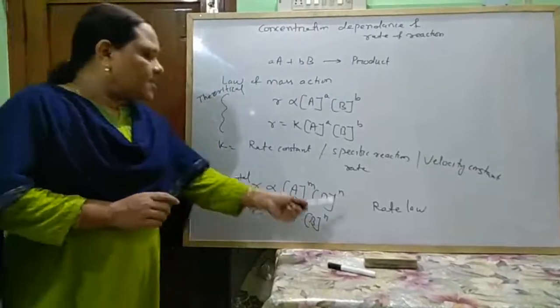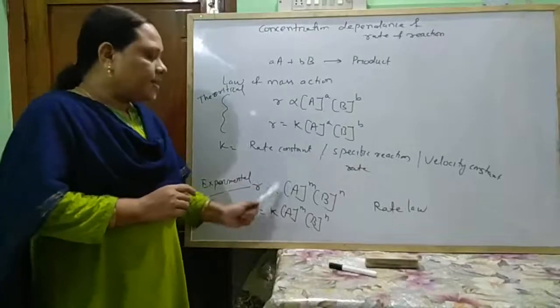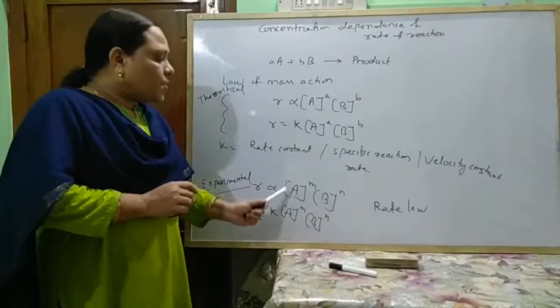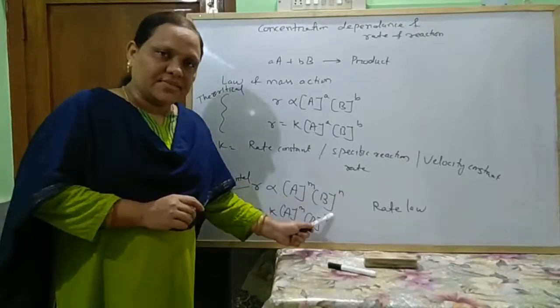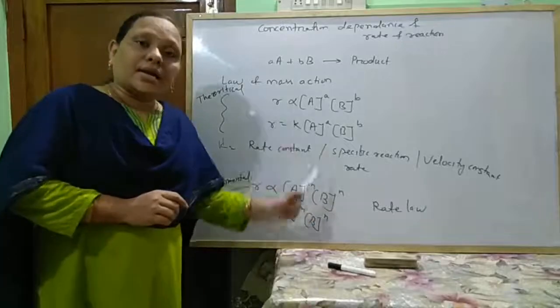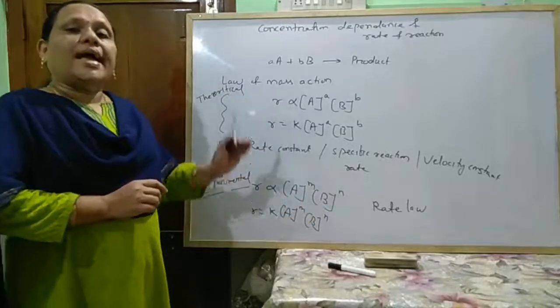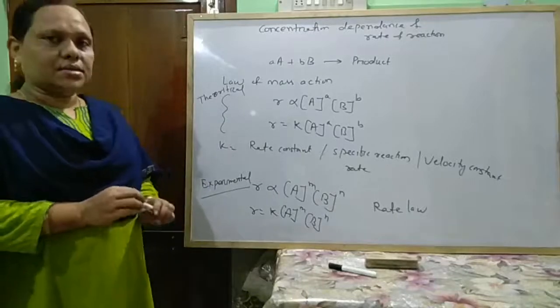According to this rate law, the rate of a chemical reaction is directly proportional to the product of molar concentrations of the reactant species, each term raised to the power equal to the number which actually changes during a chemical reaction.